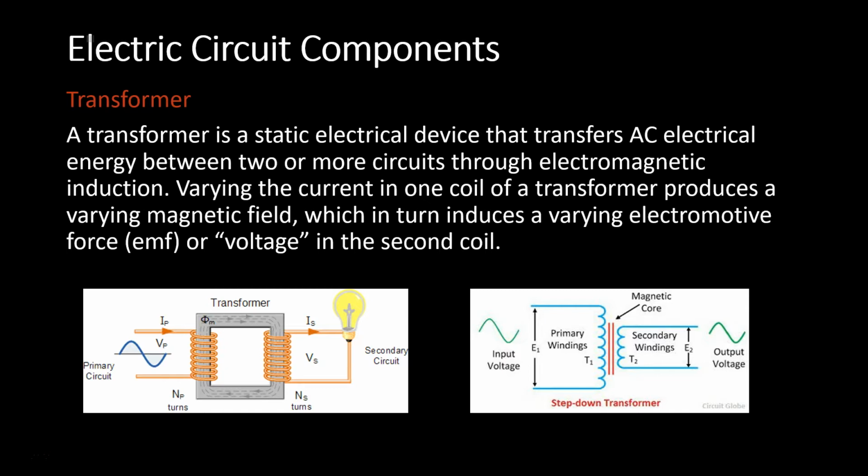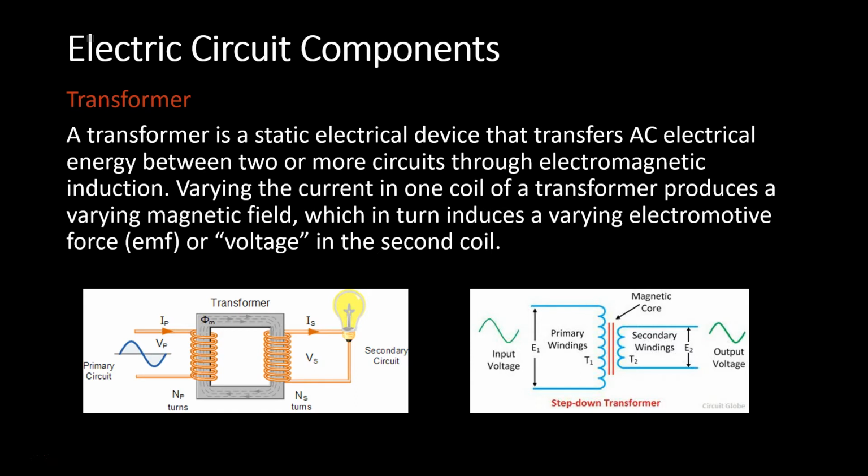So if you had say 100 windings on the left side and you plugged 120 volts into it, and then you had 10 windings on the right, you would step the voltage from 120, where the 100 windings are, down to 12 volts, where the 10 windings are.